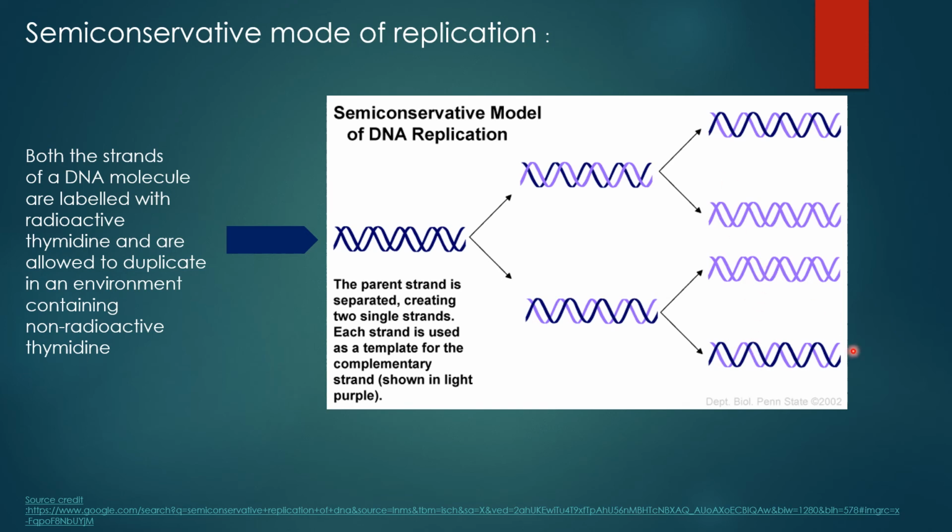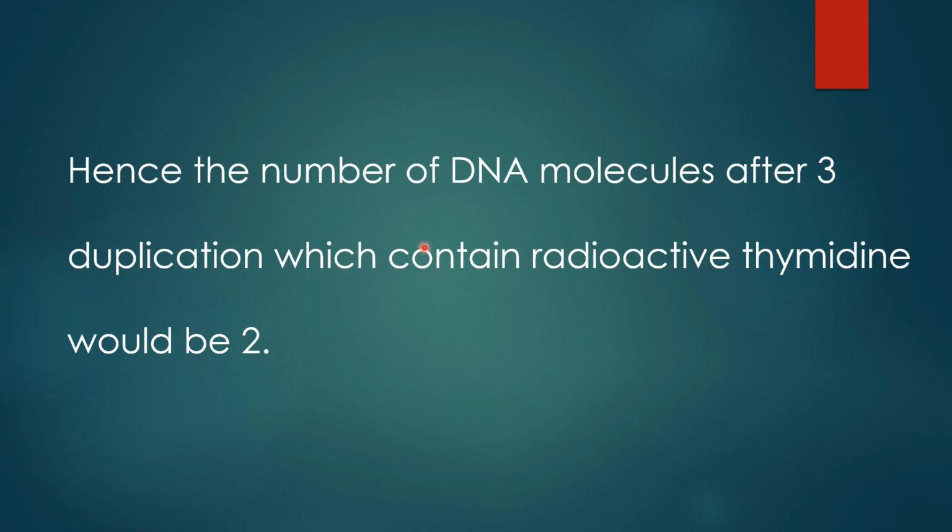After 3 duplications also we'll get two strands which would be labeled with radioactive thymidine. Hence, the number of DNA molecules after 3 duplications which contain radioactive thymidine would be 2. So here you need to write the answer 2 in the given place when you solve this question.